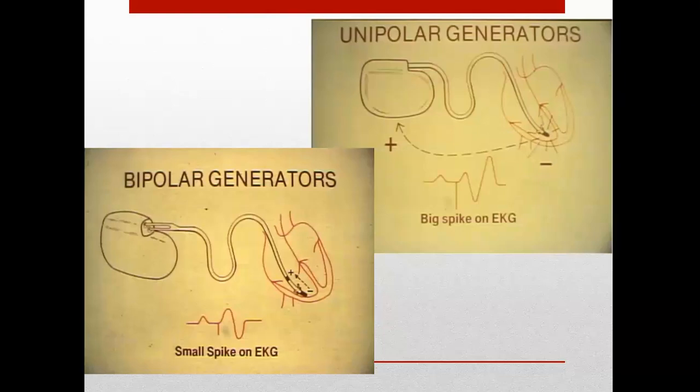So that circuit over which the electrical current travels in the bipolar system is a lot smaller because we've got not one, but two different electrodes that we're utilizing. And they're a lot closer together in the cardiac tissue, so they don't have far to travel.